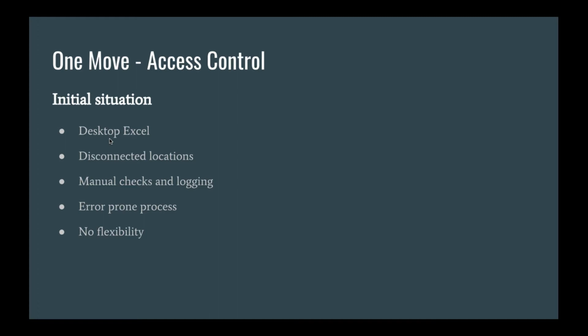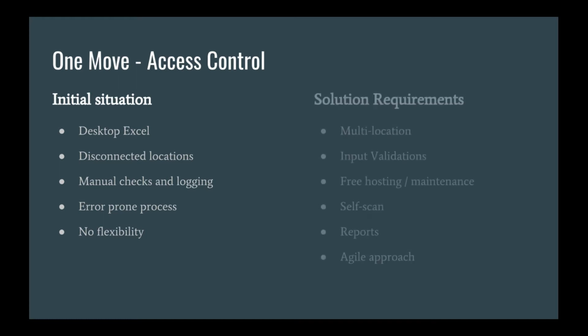The Excel was actually a bulk of several Excels. A lot of manual checks and logging needed to be done so that they can keep track of everything. That was an error-prone process. And of course, they didn't have the flexibility to create the functions they actually needed. So the requirements for the solution were to be multi-location, to cover Timișoara, Arad, and potentially expand to other locations as well.